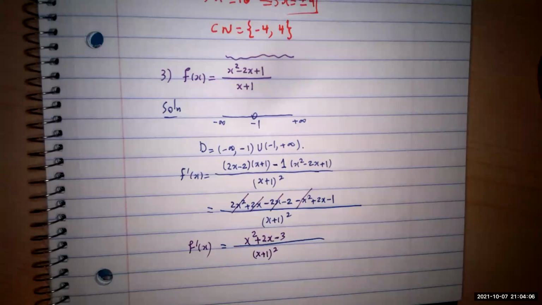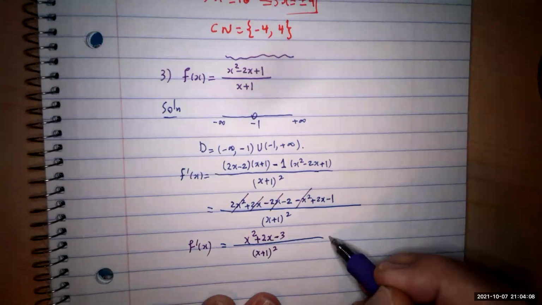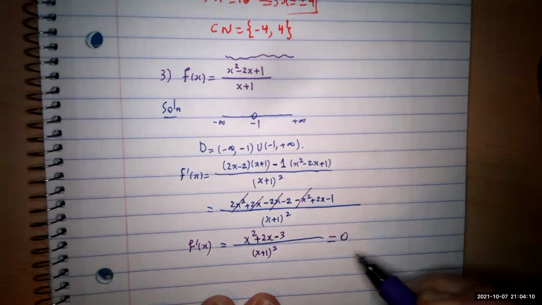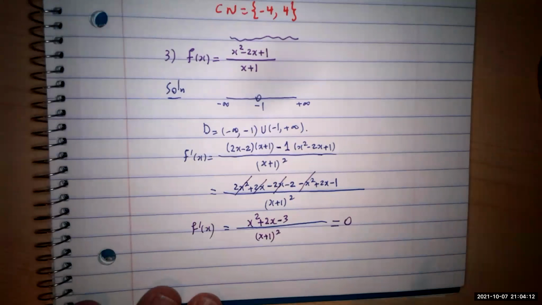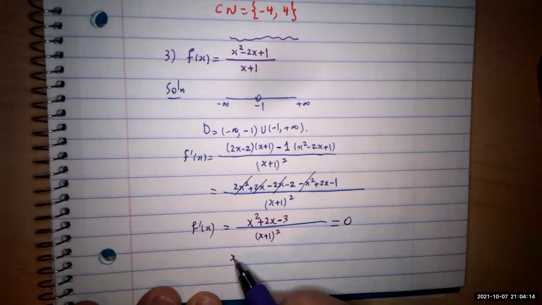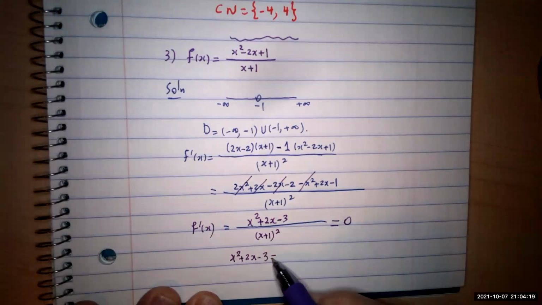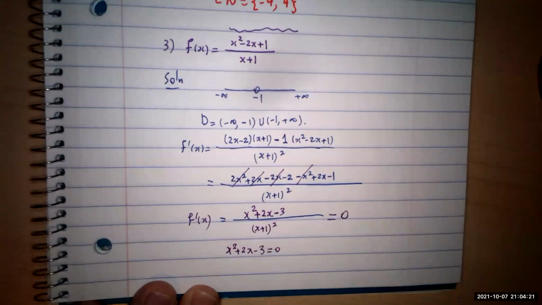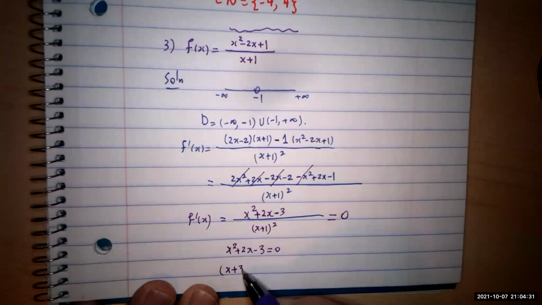Now let it equal to 0. When it's 0, the top would be 0. So the top is x squared plus 2x minus 3 equal to 0. Now we have to factor it. It's not difficult to factor. Two numbers with product of 3 are 1 and 3. So it's x plus 3 times x minus 1 equal to 0.